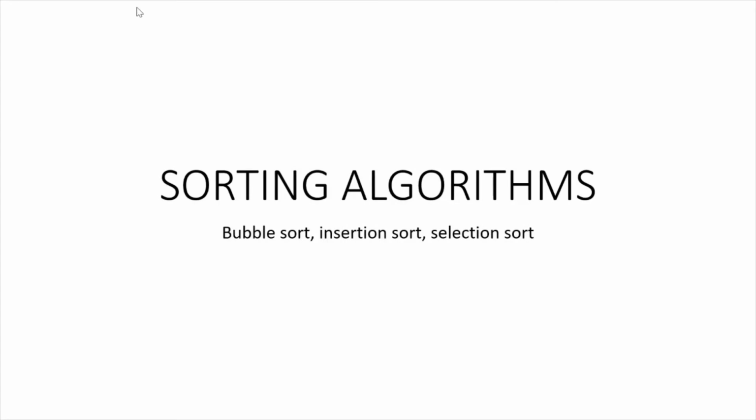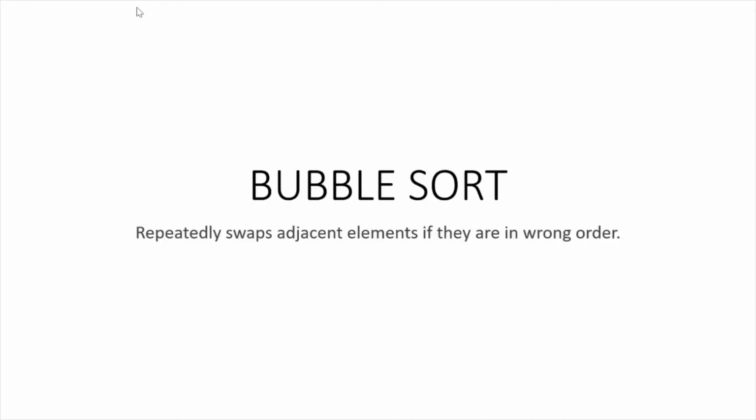So today we're going to be talking about a specific type of algorithm called sorting algorithms, and there are three main types we're going to talk about today: bubble sort, insertion sort, and selection sort. I'm going to briefly describe what each of these sorting algorithms is, and then afterwards I'm going to show you some animations of them being used.